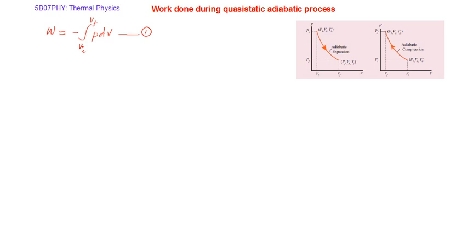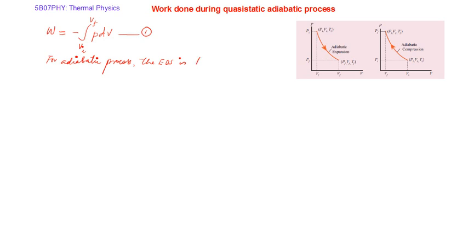Now, since we are considering a quasi-static process, at every stage of the process the equation of state will be valid. Hence, I can use the equation of state for an adiabatic process. For an adiabatic process the equation of state is PV raised to gamma.